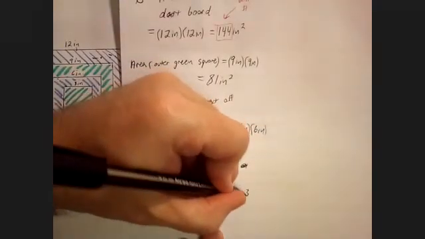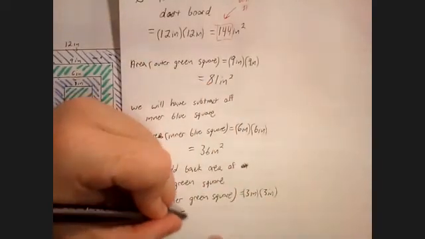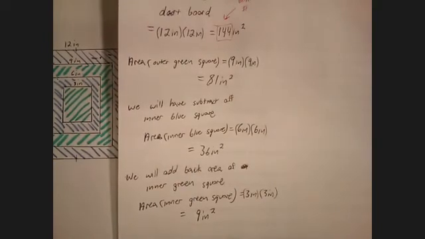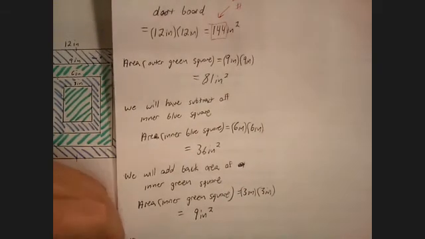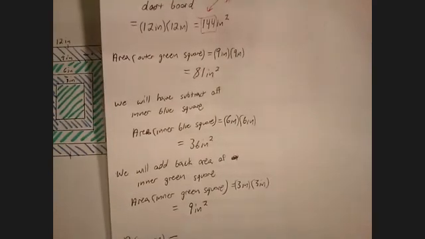So that's 3 inches by 3 inches, which is 9 inches squared. Okay, so here is the probability of green. And so you could probably use these numbers to work your problem out if these numbers are different.